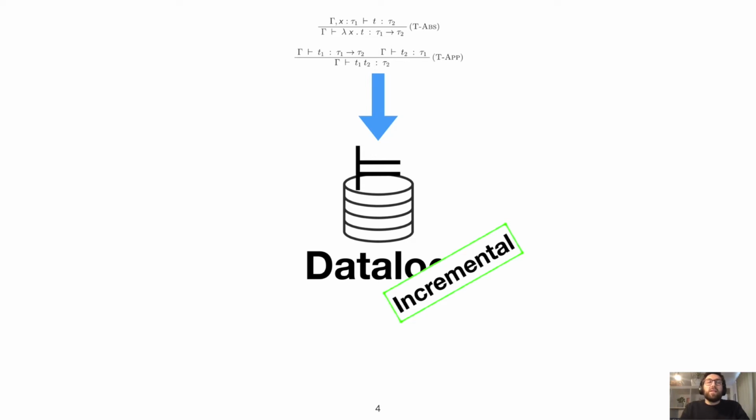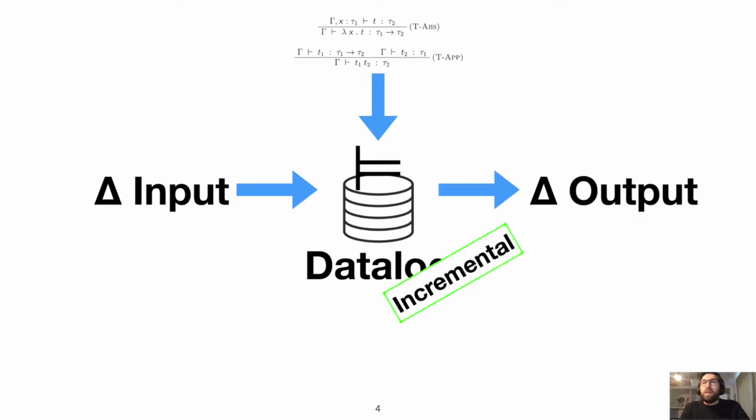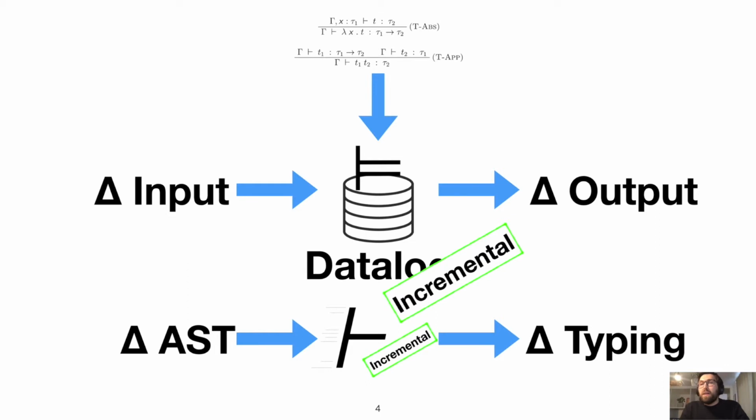This means Datalog only has to process the changes of the input to update the output. And if it's possible to describe a type checker as a Datalog program, we get an incremental type checker that only has to process the change in the AST to update the typing information, instead of retyping the whole AST all over again.